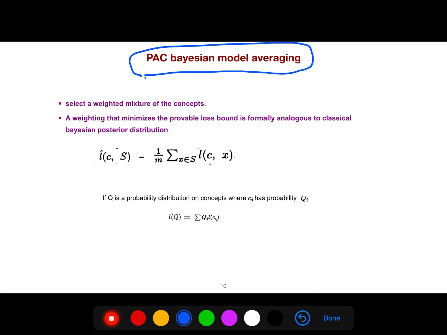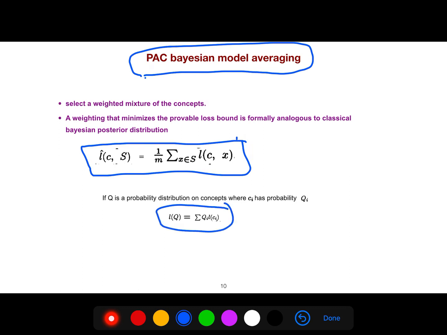generalization. A weighting that minimizes the provable loss bound is formally analogous to the classical Bayesian posterior distribution. When we say loss of C on S, it means the sum over all of the points inside S. If Q is a probability distribution, when I say L of Q, it means the sum of Q_i times L of C_i.